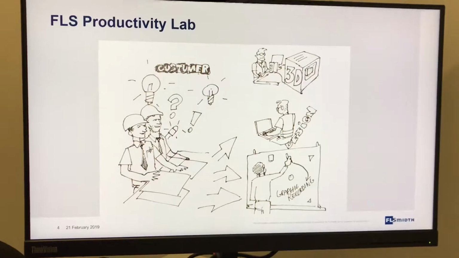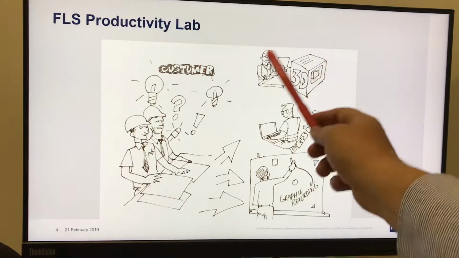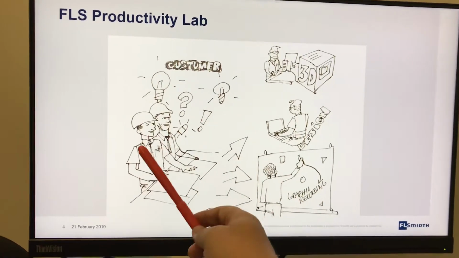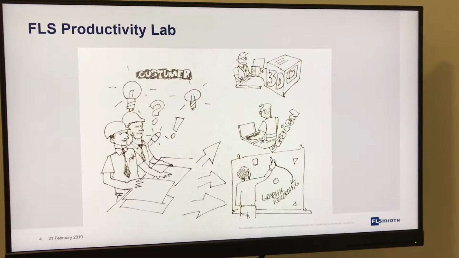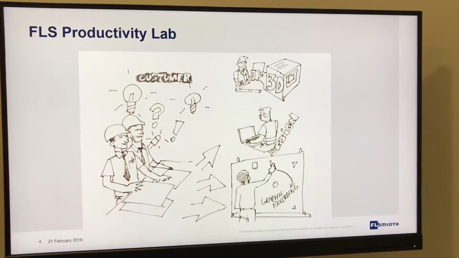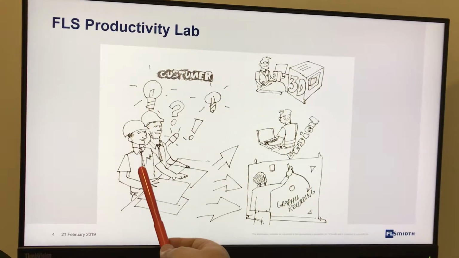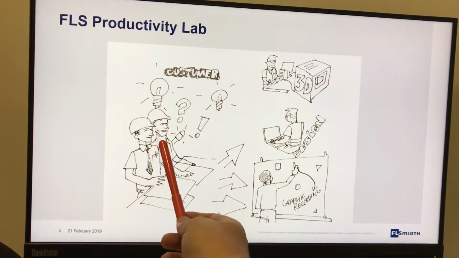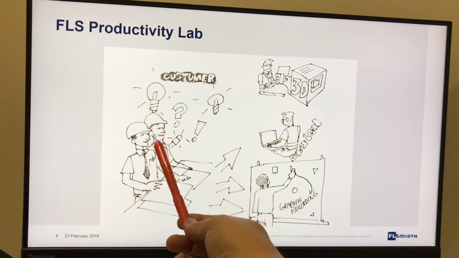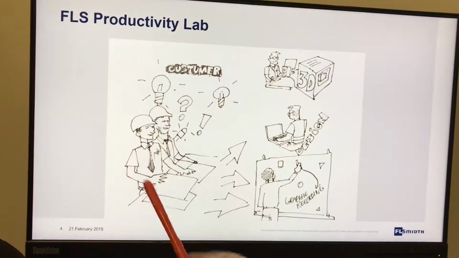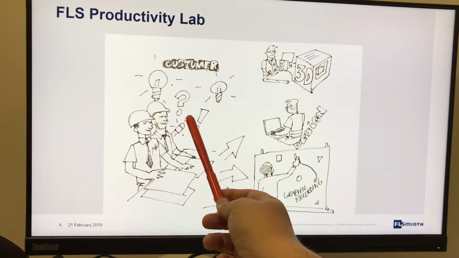So the idea is to put the customer together with FL Smith. On the customer front, they are the experts of the need, the requirements and the problems. The idea is to bring together people from operation, maintenance, metallurgy, planning. These are the customers who will have all the ideas and question marks.